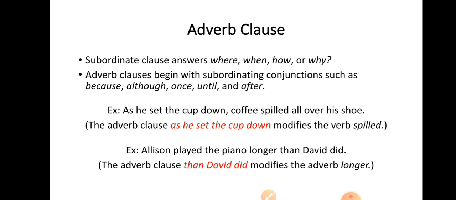Yes, coffee spilled all over his shoe is a main clause, an independent clause, and we give extra information through this clause, as he set the cup down. It is a situation, right. In what situation did coffee spill all over his shoe, we are giving through a clause. The adverb clause as he set the cup down modifies the verb spilled.